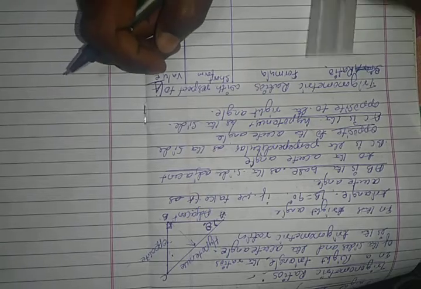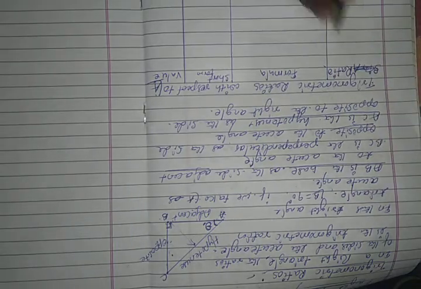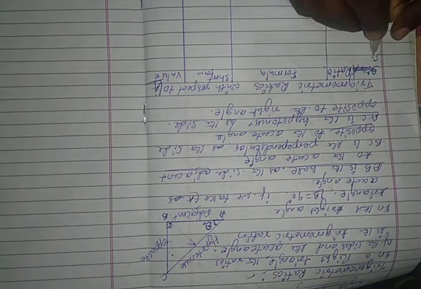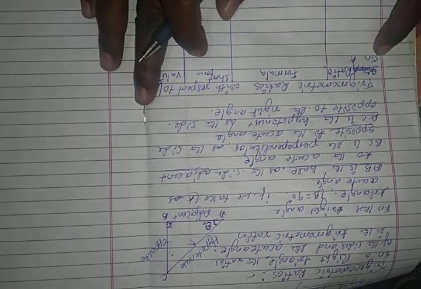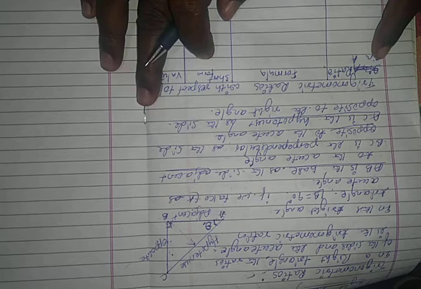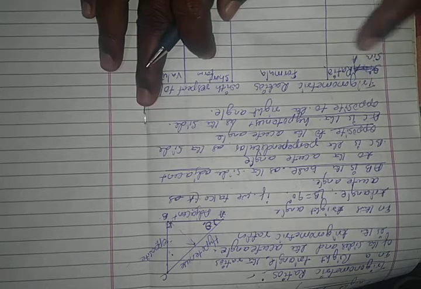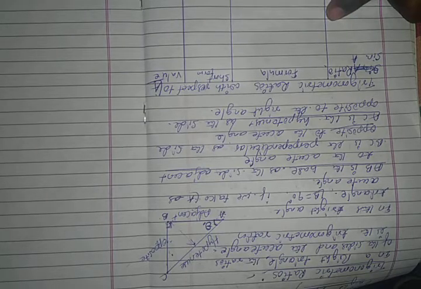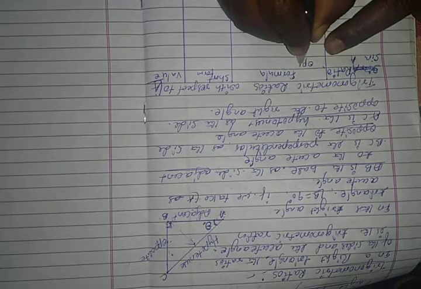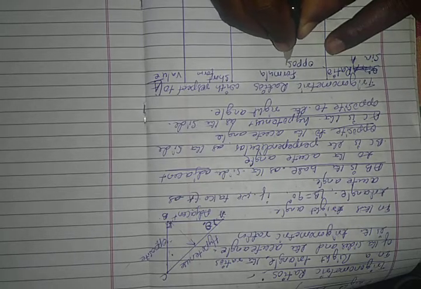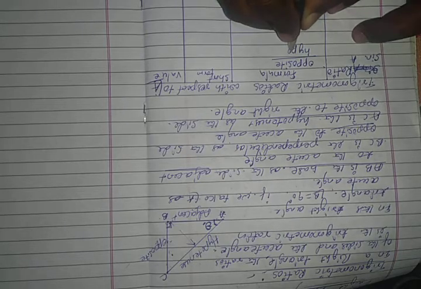So let us see the ratios. The first ratio is sine of angle A, that is sine A, very important. Clearly listen, the word is sine of angle A, that is sine A. The formula is opposite divided by hypotenuse.